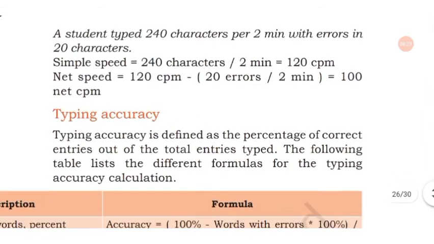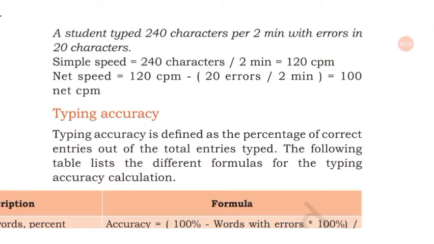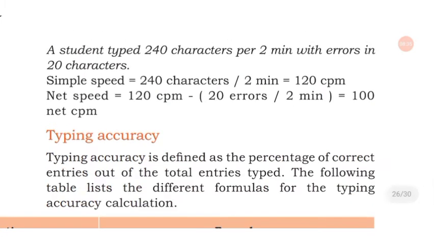Suppose a student typed 240 characters in 2 minutes with errors in 20 characters. So simple speed is equal to 240 characters by 2 minutes, that is 120 characters per minute. And net speed, that is, there are 20 errors.